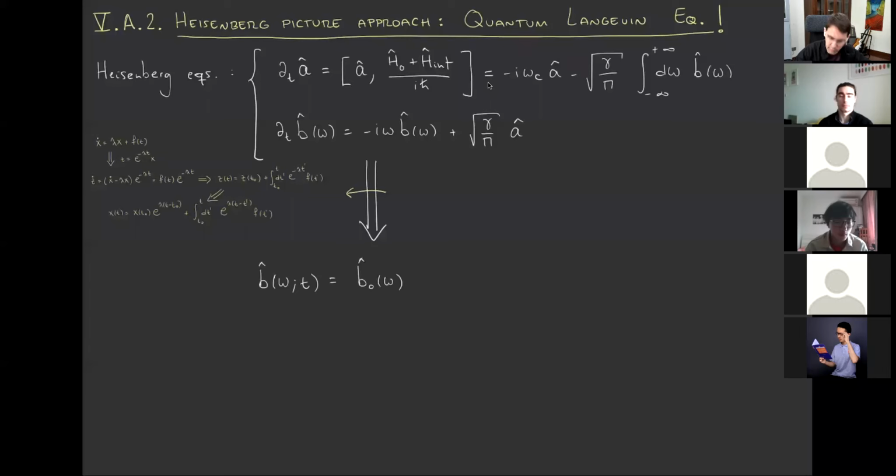This notation here is just a shorthand for b of omega at 0. Then we will get the exponential of this linear coefficient, which is minus i omega in this case, so we get minus i omega t. And then we have the integration in time of this term in here. A can be taken as a function that depends on time. So then we get finally this.